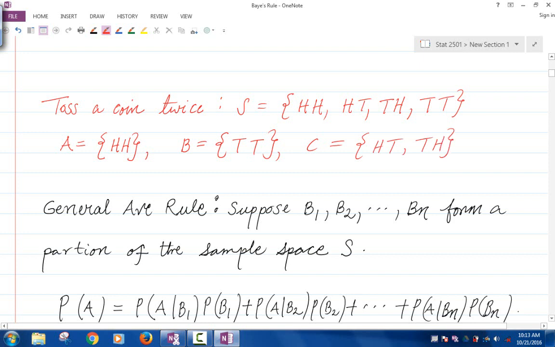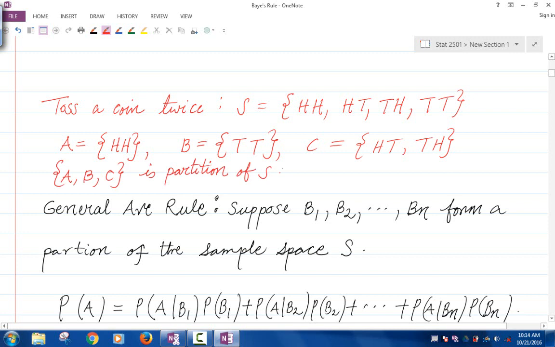right? Now notice that A, B, C constitute a partition of S. So A comma B comma C, this is a partition of S, right?